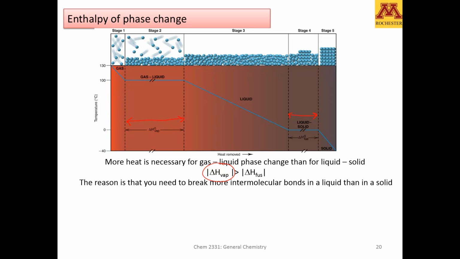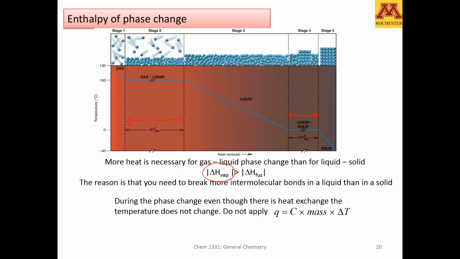Why is that? Vaporization takes a lot of energy because you actually need to detach the molecules from all of the molecules around them. So you need to break more bonds when going from liquid to gas than if you go from solid to liquid. That should be somewhat intuitive.